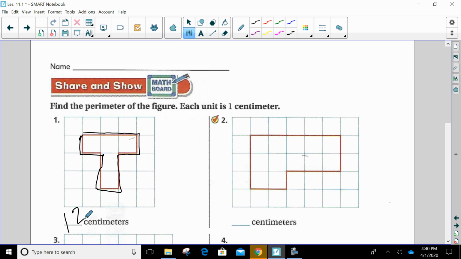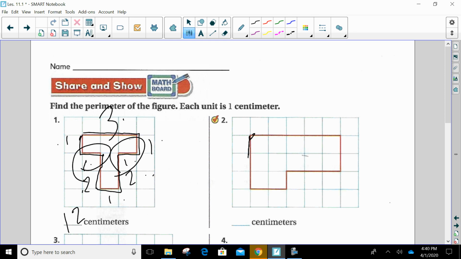Now you could also do the sides: 1, 1, 1, 2, 1, 1, 2, 1, 1, 1, 2, 3. So we do 3, 4, 5, 6, 7, 8, 9, 10, 11, 12. Either way works. But try it both ways to make sure that you do not skip some of these sides that are tricky.